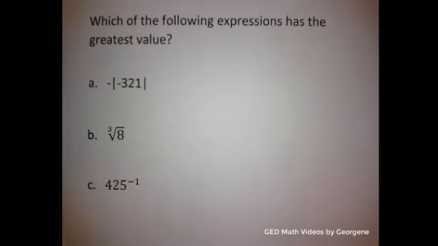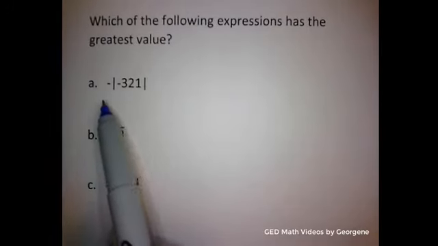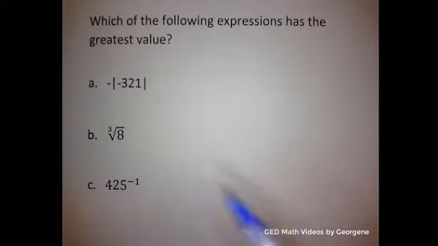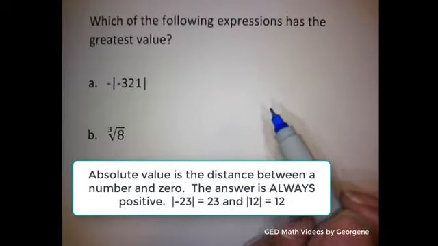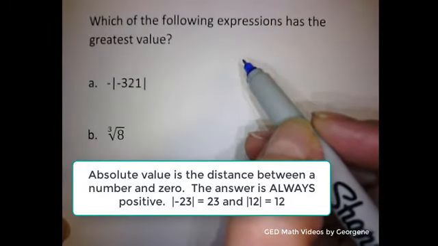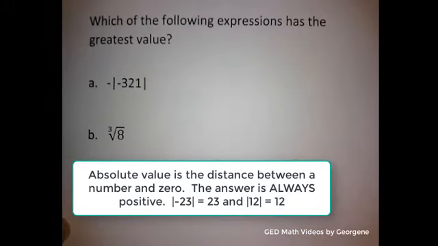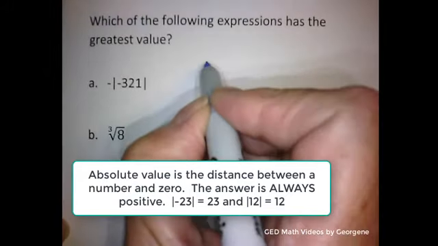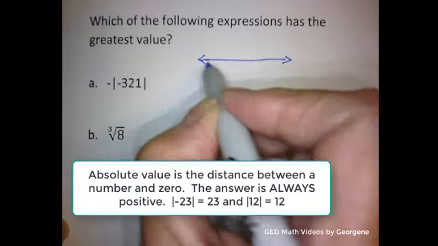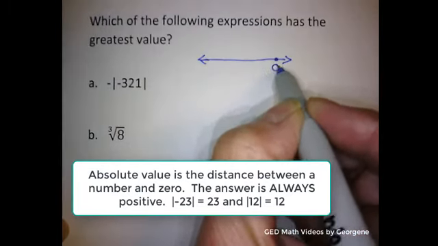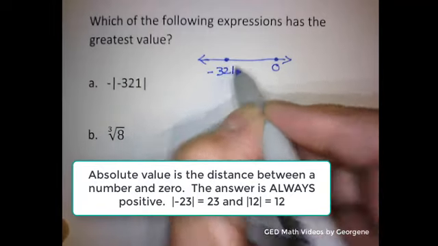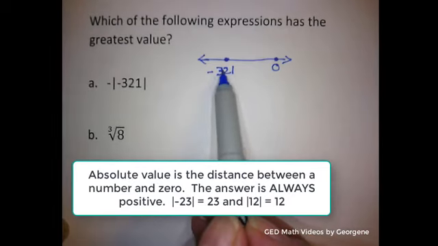We're going to go into letter A. As I said, letter A is about absolute value, and so we need to understand what absolute value is. Very simply, absolute value is the distance between an integer and 0 on a number line. So if I quickly draw a number line, and I'll put 0 there, and then let's put our negative 321 on the left-hand side.